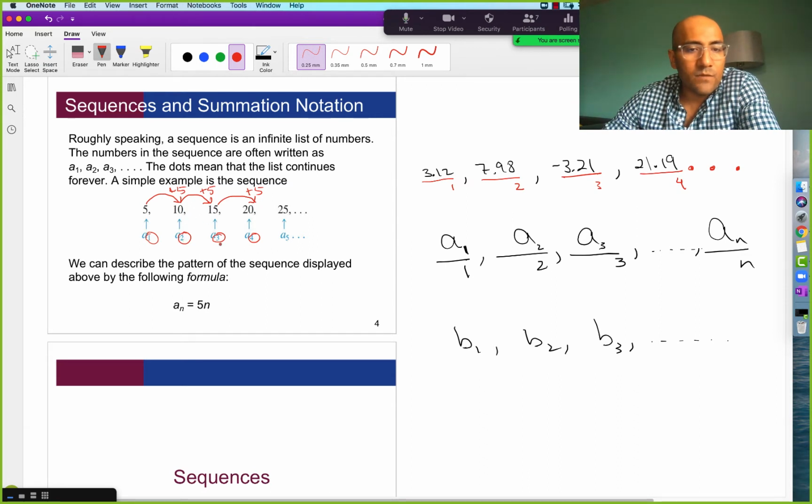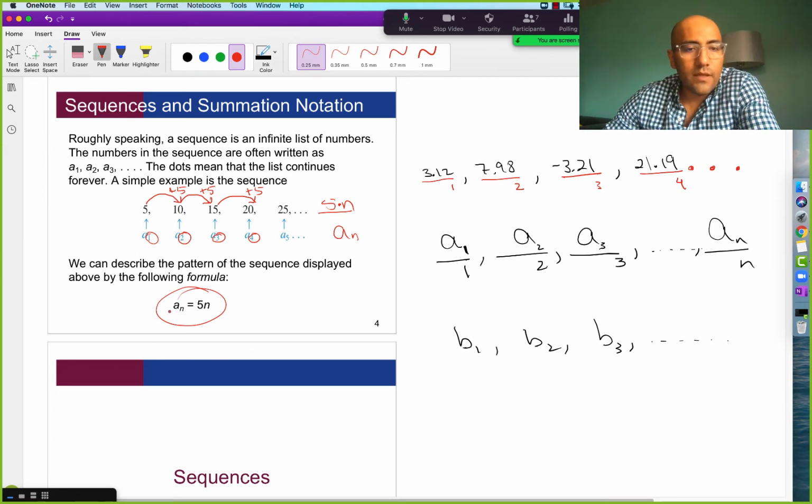The third one, if we multiply it by 5, we get 15. The fourth one, if we multiply it by 5, we get 20. And so the relationship is that when we get to the nth one on the list, the value that goes there is 5 times n. Good. And so that's where this little formula comes from.